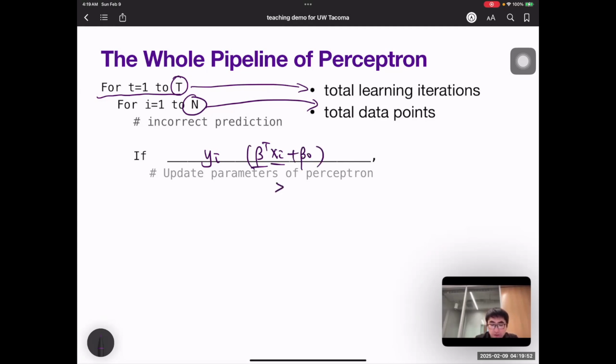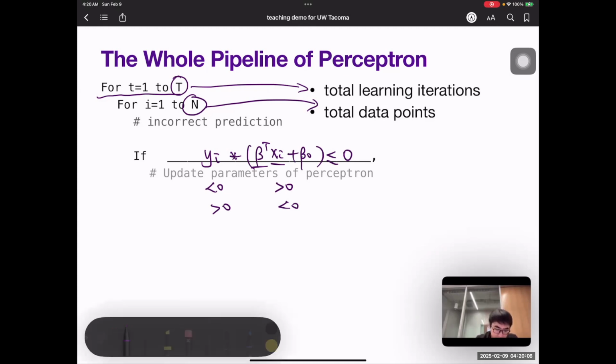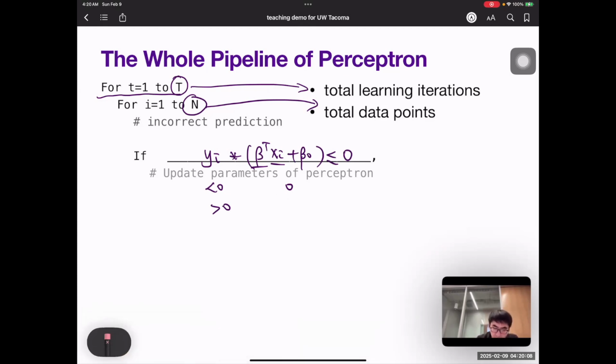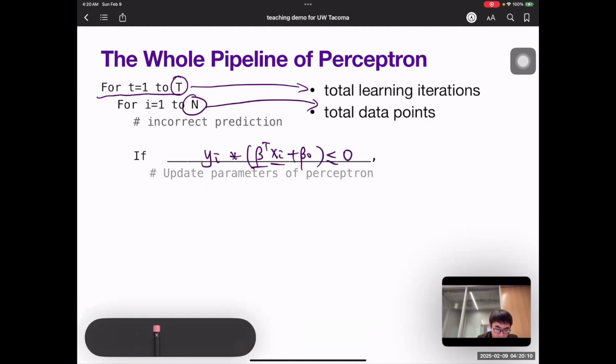When the model believes it is positive, yi is negative. When the model believes it is negative, on the contrary, yi will be positive. So the criterion is saying that when they disagree with each other, we are going to update our parameter.